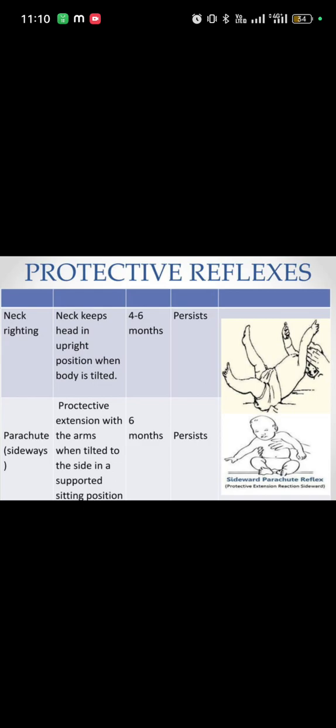When the baby is in a sitting position, the baby tilts one arm towards one side as a supportive sitting position. You can see that in the picture. It appears at 6 months and persists.